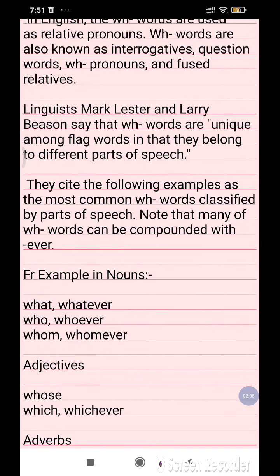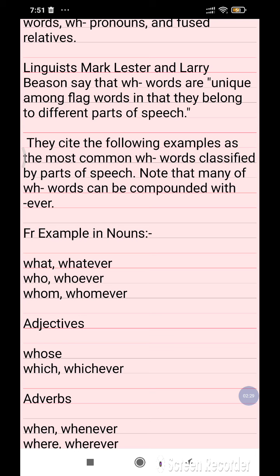Linguists Marcella Lester and Larry Beason say that WH words are unique among function words in that they belong to different parts of speech. They are both writers on English grammar.